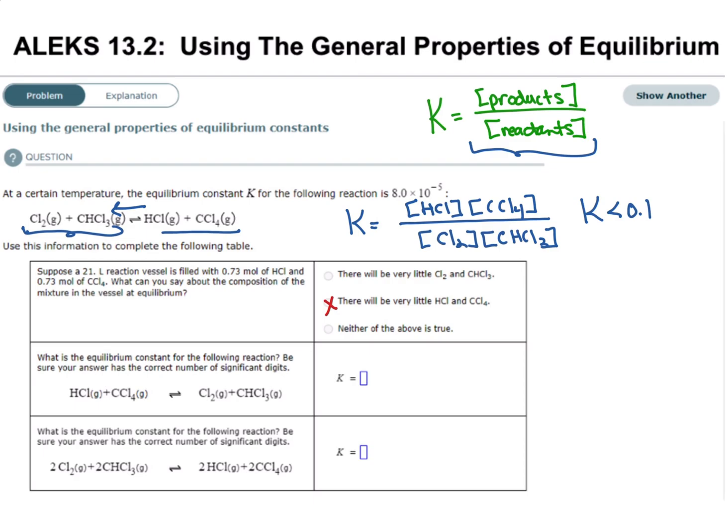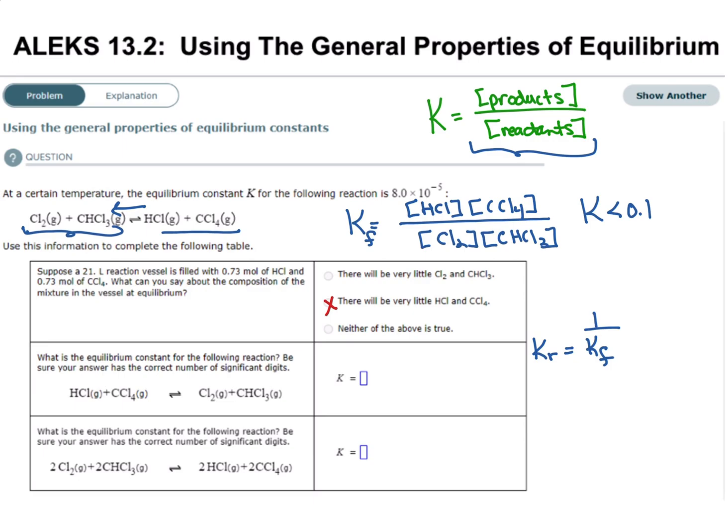They're asking us what will happen to the equilibrium constant if we had HCl plus CCl4 to make Cl2 and CHCl3. So it is actually the same reaction but flipped. So if we call the original reaction the forward reaction, then basically they're asking us for the reverse reaction. So the reverse equilibrium constant is just the inverse of the forward reaction.